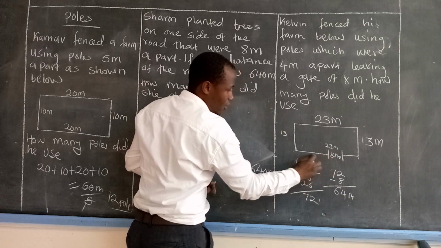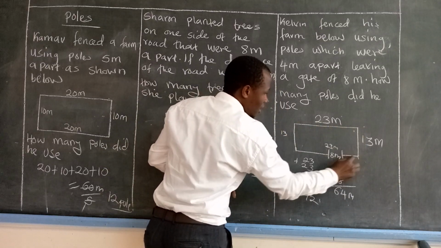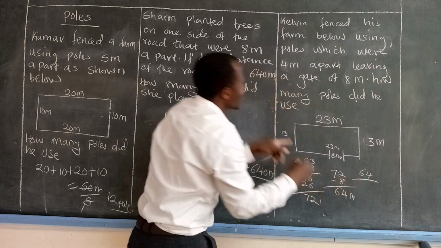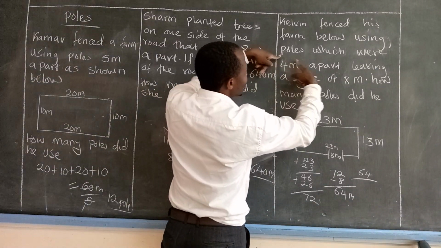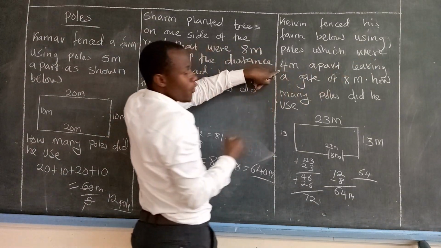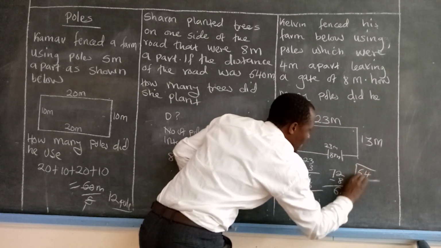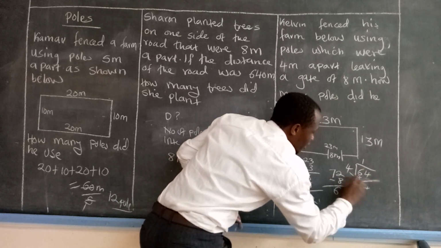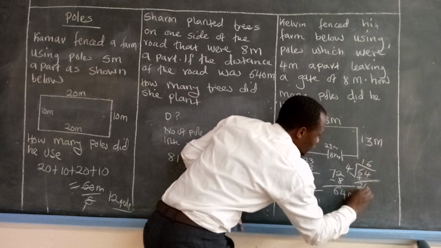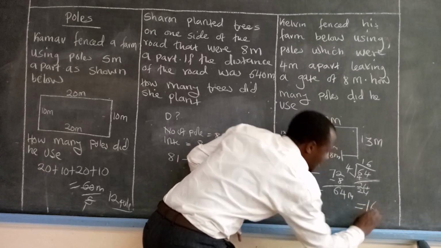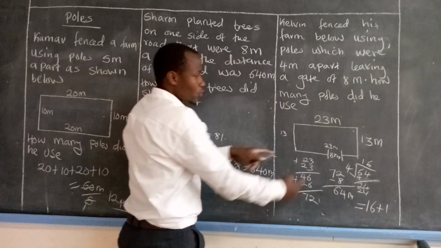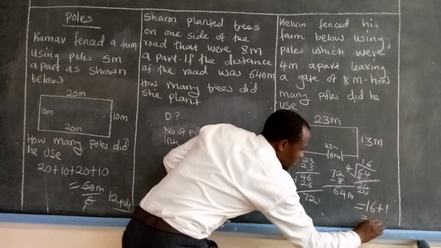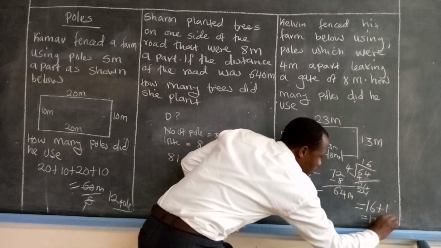Now divide this 64 by the interval, 4 meters. 64 divided by 4 is 16 poles. Add plus 1, because there is one pole here that we haven't counted. The answer will be 17 poles.